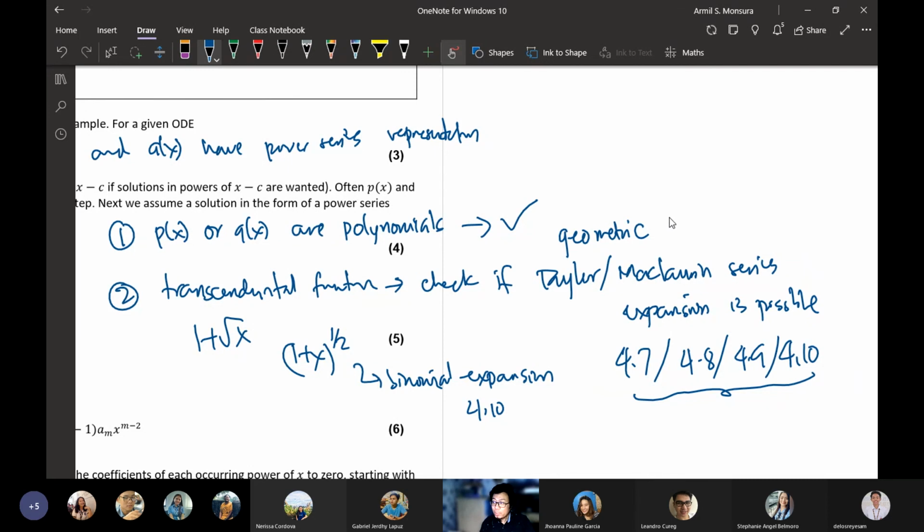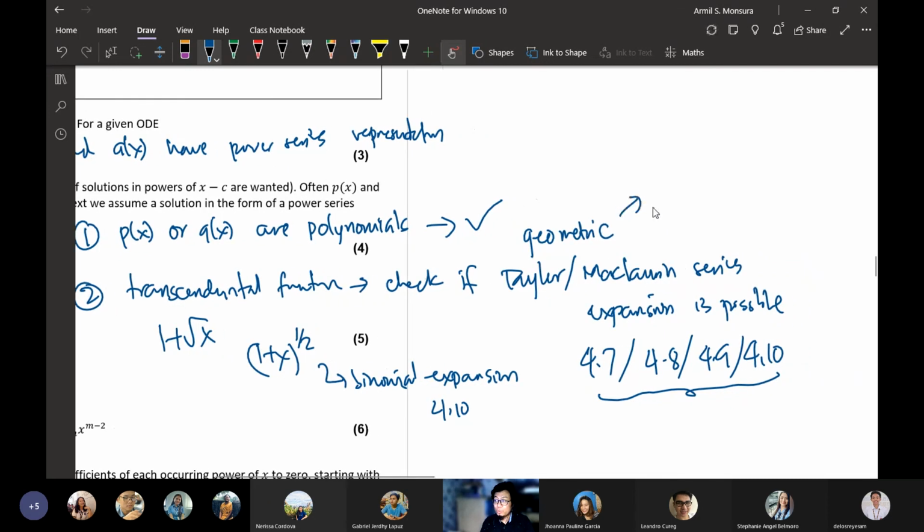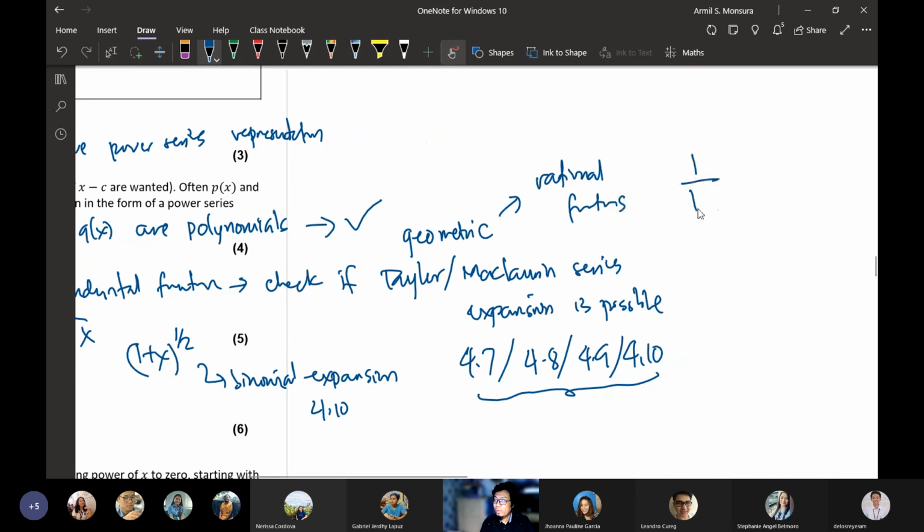Yung geometric series nyo kasi can actually be used to express mga rational functions, such as 1 over 1 plus x, o kaya 4 over 2 plus x, o kaya 2 plus x squared. Pwede nyo gamitan ng geometric series expansion yan. So the information are all here, kaya medyo kailangan nyo siyang aralin.